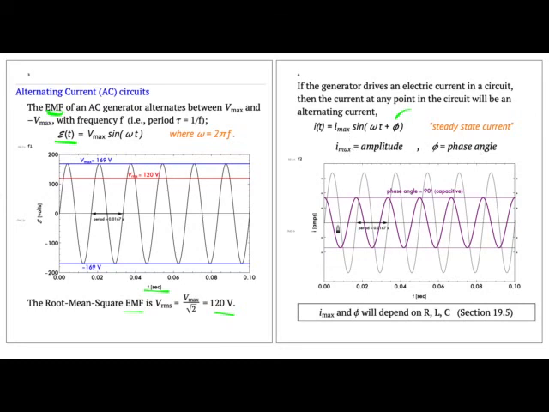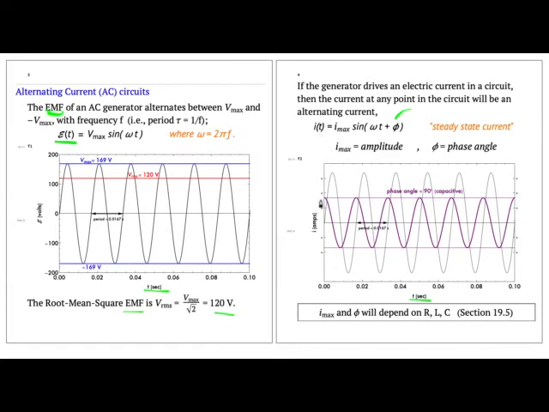So here's a picture. The gray function is just like over here. The electromotive force is a function of time. The purple curve or function, that's the current as a function of time.